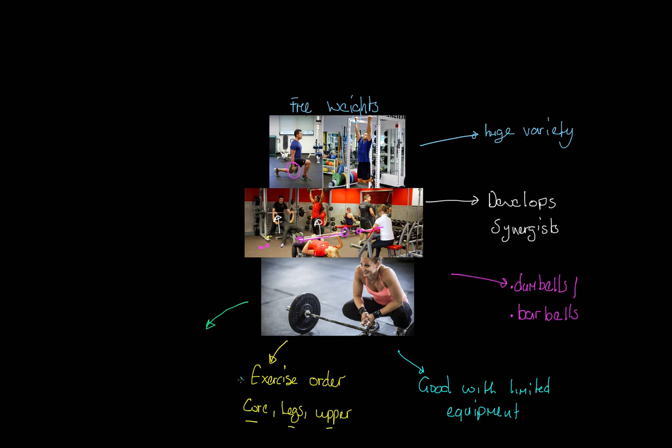Another concept with regard to exercise order with free weights is that very often an athlete will use an order where first they push in an activity and secondly they pull. Can I give you an example of that?